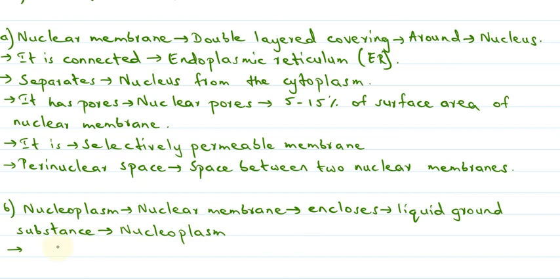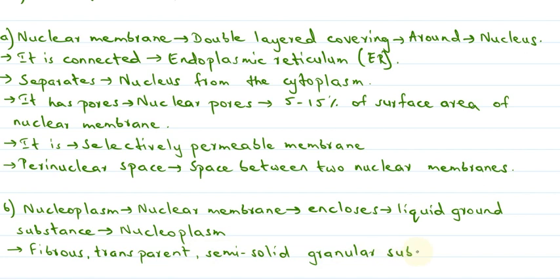This nucleoplasm, or liquid ground substance, is actually fibrous. It is also transparent, and it is a semi-solid granular substance. This nucleoplasm is a fibrous, transparent, semi-solid granular substance that fills in the nucleus.